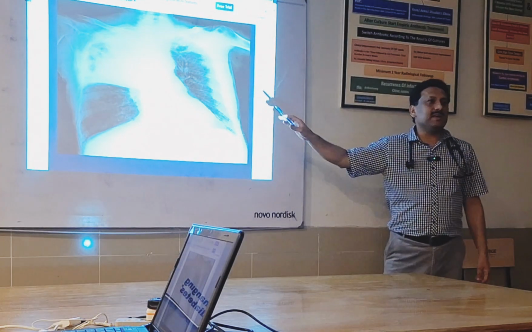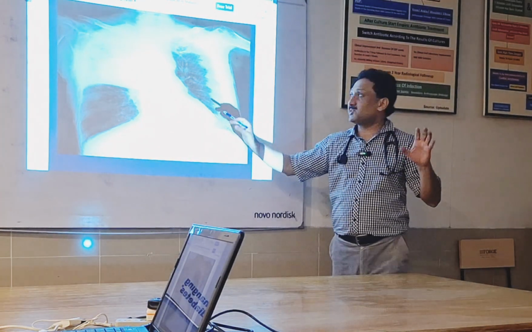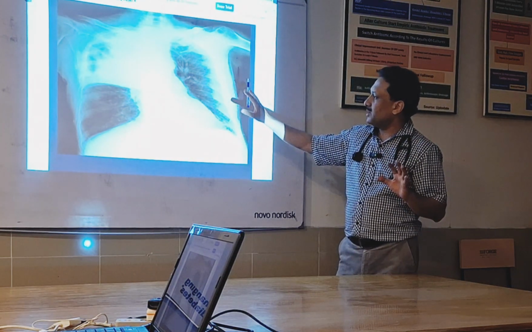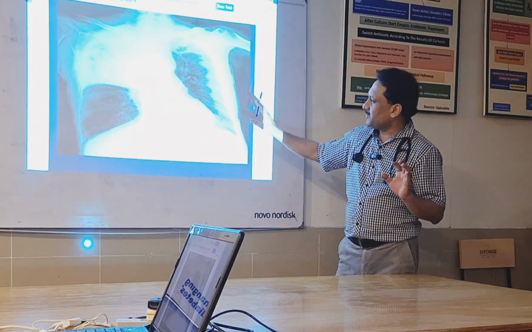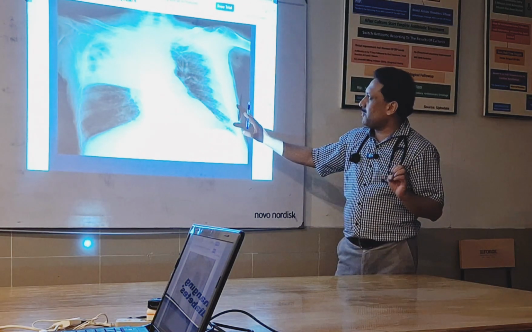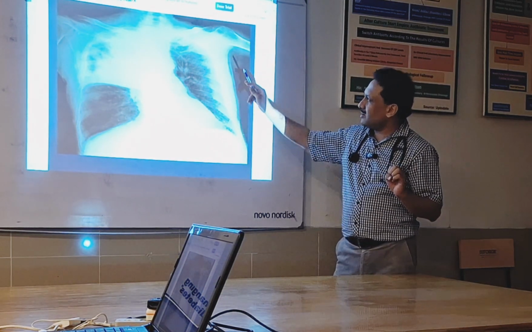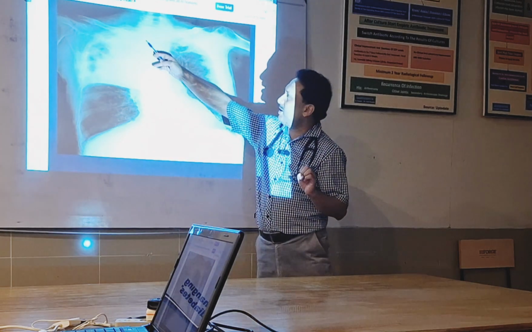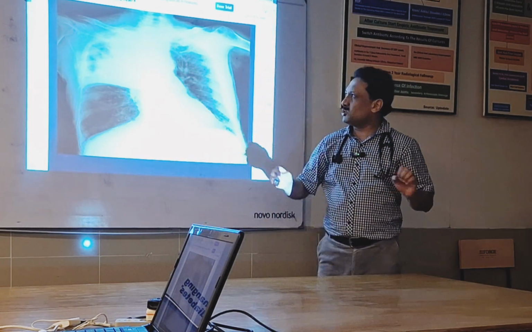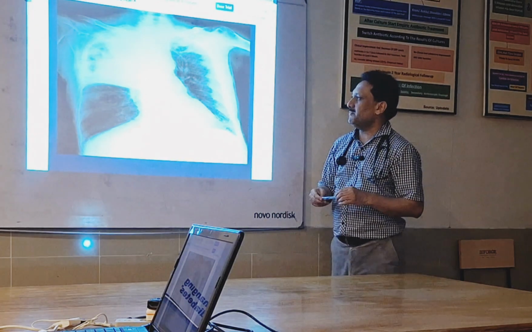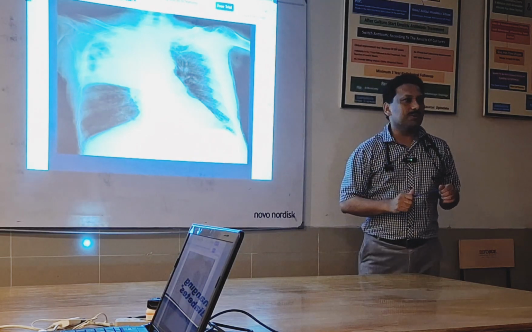So what we are seeing here, this is chest X-ray, PA view, taken in inspiration with almost appropriate effort and slightly badly positioned. There seems to be a slight tilt toward one side, and what it is showing?